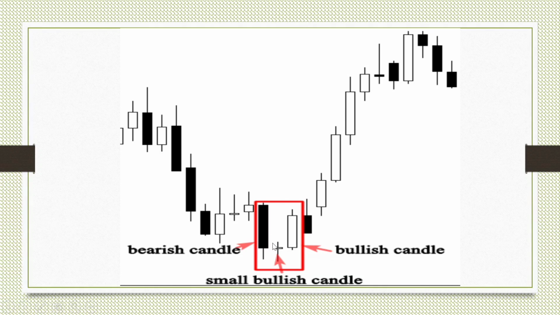Like I said, this can be a bullish or a bearish candlestick, and then the candlestick that followed next was the bullish candle. In combination, these three candles give us the morning star candlestick pattern, and immediately this pattern was formed, what did price do? Price started ascending to the upside, gaining momentum, gaining momentum, gaining momentum.